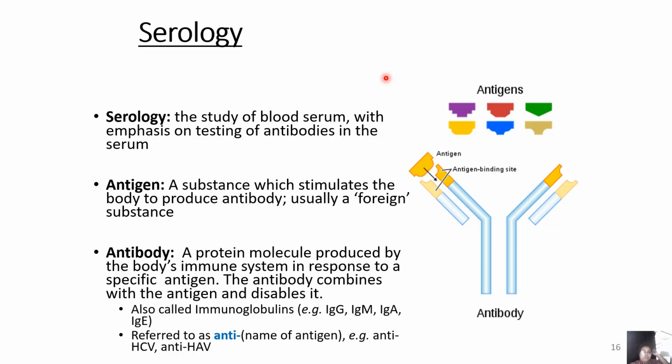An antibody is a protein molecule produced by the body's immune system in response to a specific antigen, right? And the antibody combines with the antigen and disables it. It's also called immunoglobulins: IgG, IgM, IgA, IgE. It is also referred to as anti- followed by the name of the antigen. Example, anti-HCV and anti-HAV.